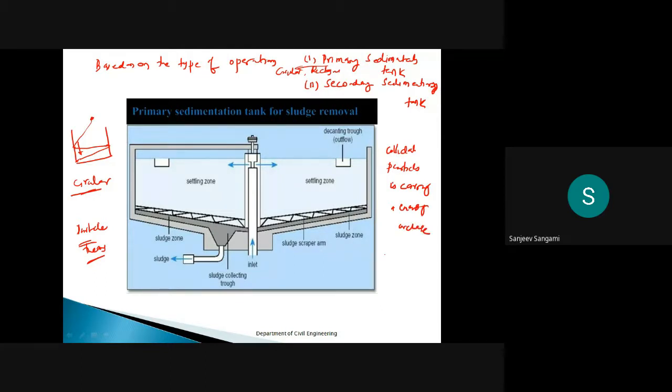See, if you take some colloidal particles like chalk powder, it has its own charges. Or even if you take milk, the milk particles have their own charges.